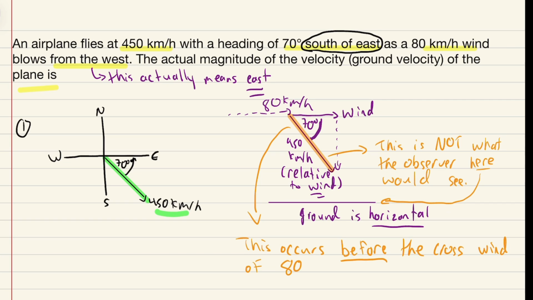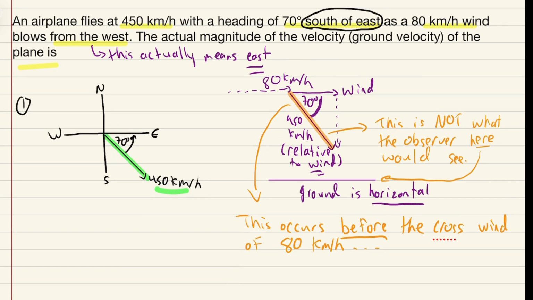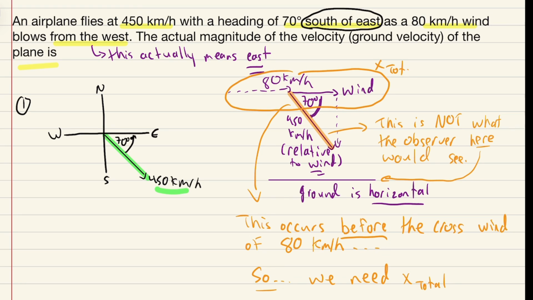What that means is that we have to break down this vector arrow into x and y relative to the wind. And so you're going to need an x total relative to the wind and a y total relative to the wind.